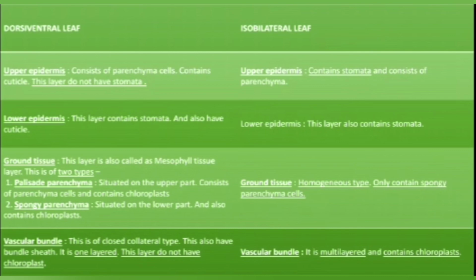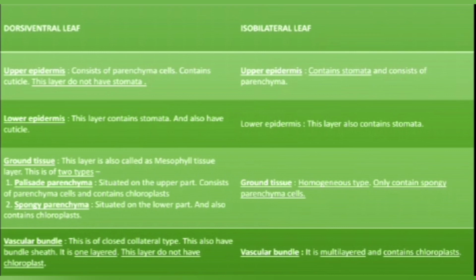The upper epidermis of the dorsiventral leaf does not have any stomata, but the isobilateral leaf has stomata in the upper epidermis layer. The lower epidermis in both dorsiventral and isobilateral leaf contains stomata, and there is also presence of cuticle.